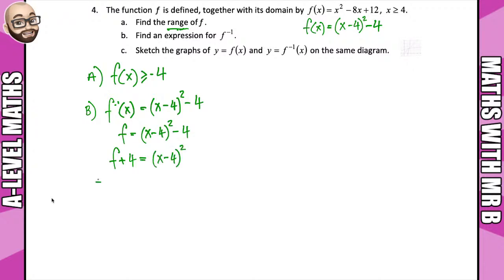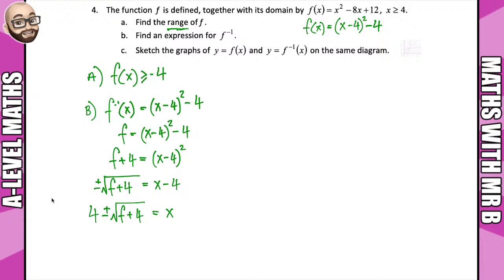We can now square root both sides. So let's put a positive or negative. And then we need to add 4 to both sides. So I'm just going to write it as 4 plus or minus the square root of f plus 4 equals x. Now before I make this look a little bit nicer, I need to think about this plus or minus.